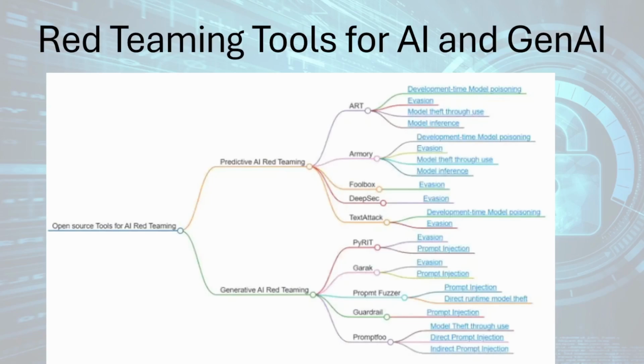The AI Exchange goes into further detail on some tools with their capabilities, as you'll see in upcoming slides. So we can see in this slide deck we have the open source tools for AI red teaming, and it's split into predictive AI red teaming and generative AI red teaming. And under the predictive AI red teaming, we've got ART, Armory, Foolbox, DeepSec, and Text Attack as some example tools, and this splits out into further information on the types of tests that these tools actually perform against the AI.